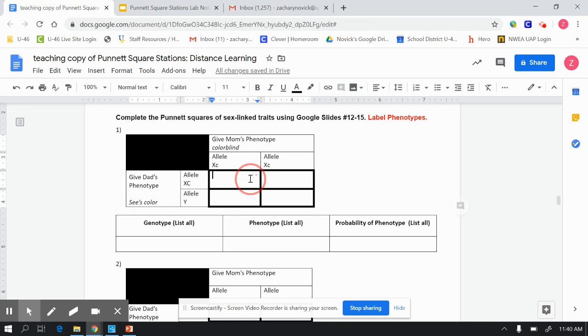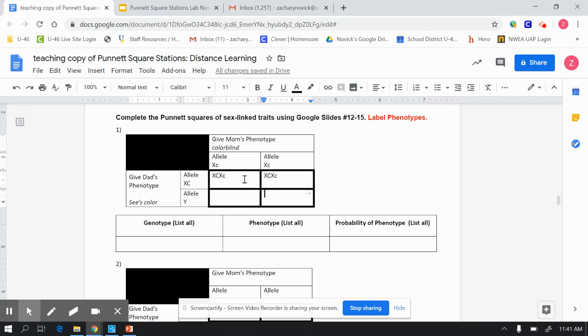All right, so now let's cross them. So we got X uppercase C, X lowercase c. Here we have X uppercase C, X lowercase c.